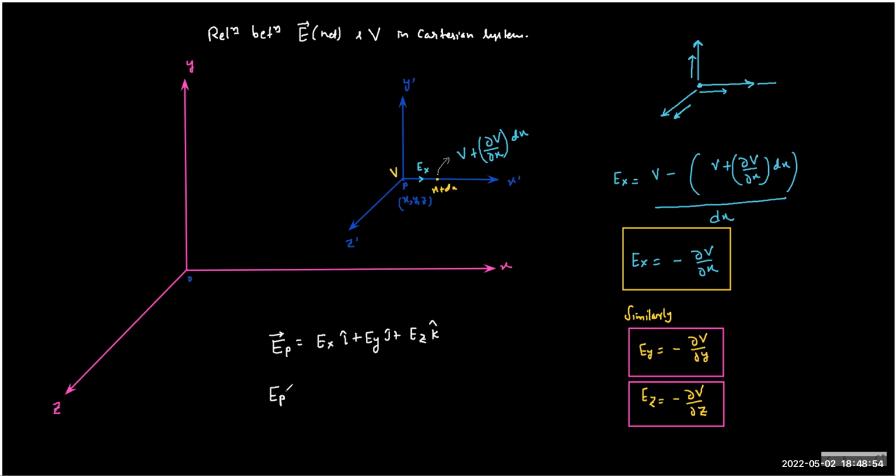So this turns out to be minus del V by del X i cap, minus del V by del Y j cap. So E at P vector equals to, so the way of writing this is also del by del X i cap, del by del Y j cap.